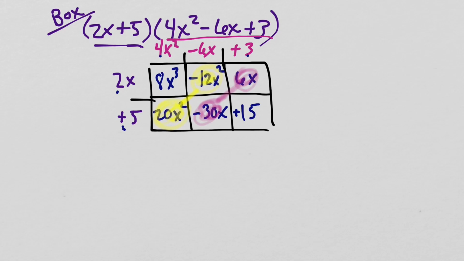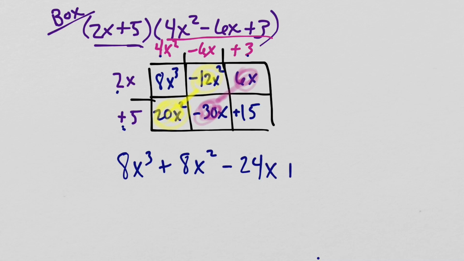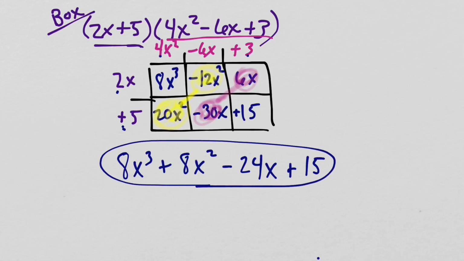So knowing that, the 8x to the third has nothing that it can go with. 20x squared and the negative 12x to the second simplify to be an 8x to the second. The negative 30x and the 6x become a negative 24x, and the 15 just goes along for the ride. So again, that's using the box method.